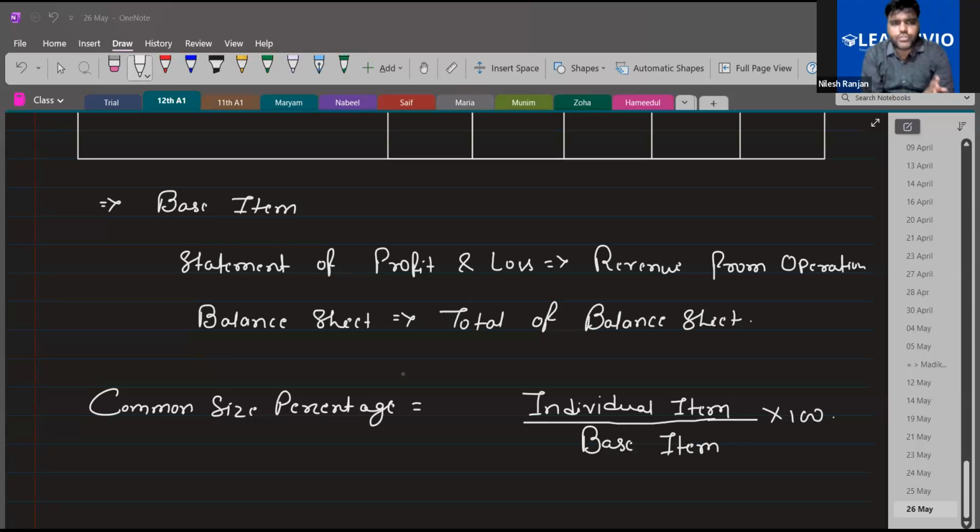So, Shahrukh, you have not solved the question. Please try to solve questions of comparative and common size both. Sorry, not common size. Common size is not completed yet, so we will solve questions of common size. Until then, please try to solve the questions of the previous class, the comparative statement.